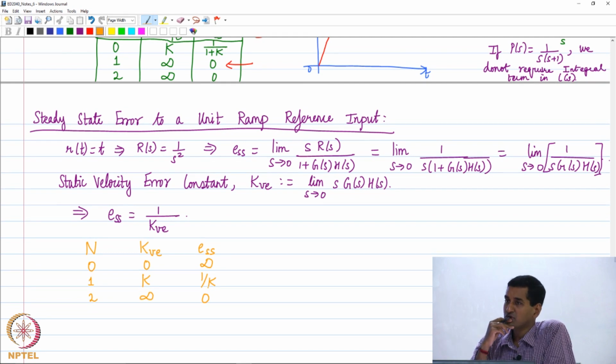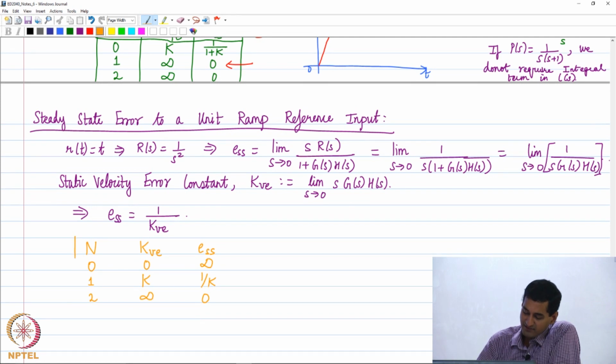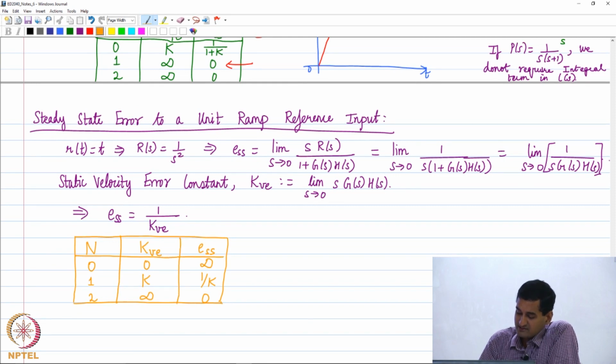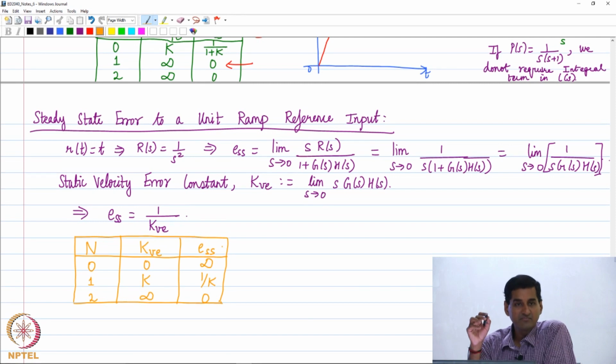So what this means is that if I want to track a signal which goes like a ramp and I use a type 0 system, I am going to get very high tracking errors, right. Of course, if the ramp is only for a finite duration, then we may still live with that error.